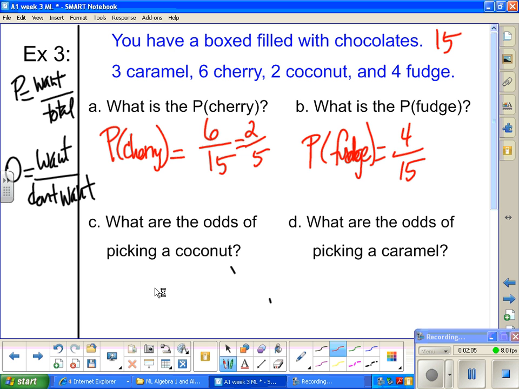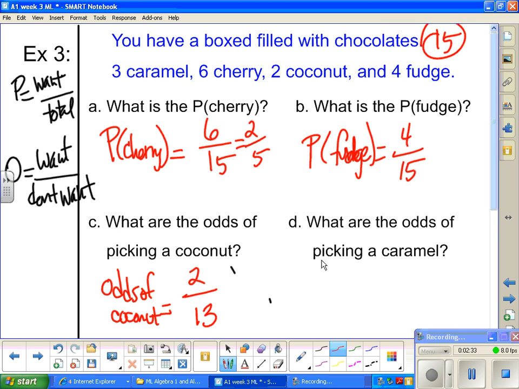The next one, what are the odds of picking a coconut? So remember, the odds is what you want over what you don't want. So the odds of coconut equals how many coconuts? They have 2, and how many of the rest? So if I have 15, 15 minus 2 is 13, because you want these two numbers to add together to give you the total.